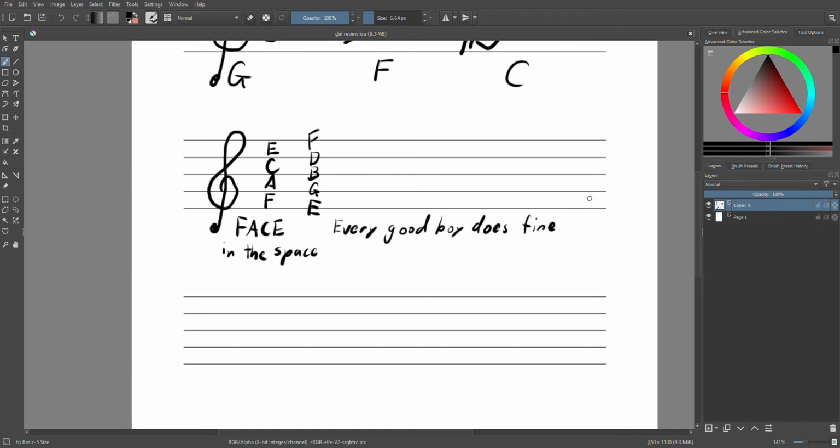All right. This is one where you can just think of those acronyms and you can quickly figure out the notes. The other way is the counting method. I'm going to move this bit down a little.